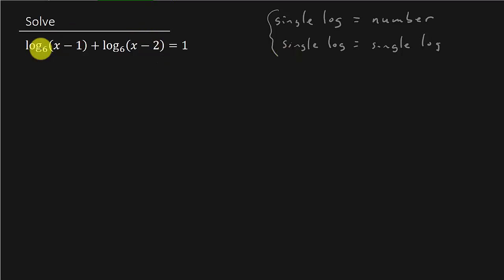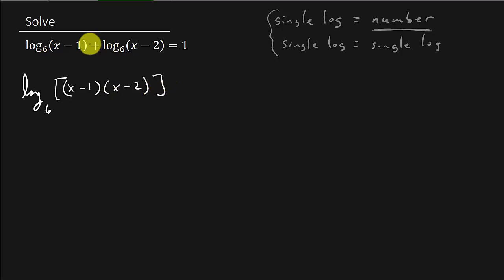So if we look on the left-hand side, you notice you do not have a single logarithm there. On the right-hand side, you do have a number. So we're good over there. But the left-hand side, we need to rewrite as a single log. So we've got the log base 6 of x minus 1 plus the log base 6 of x minus 2.